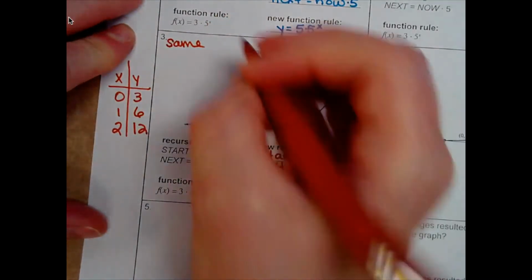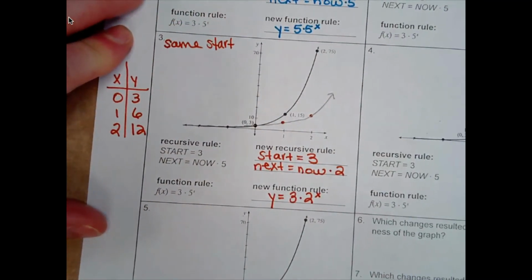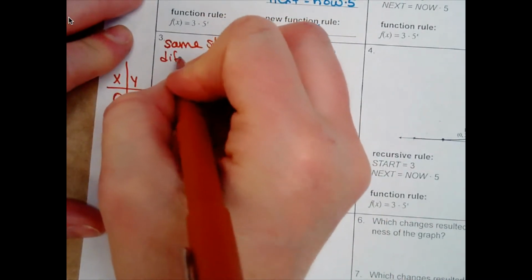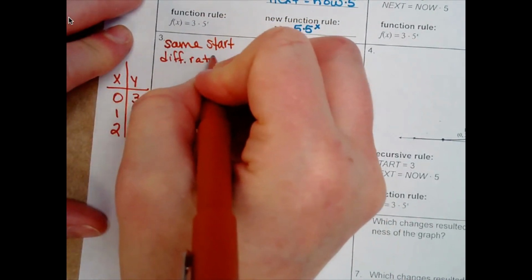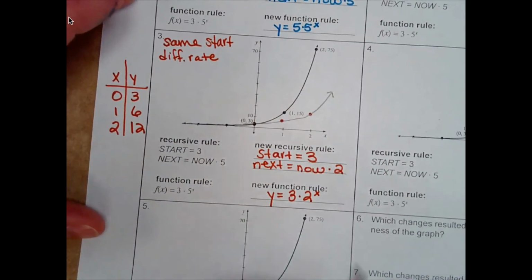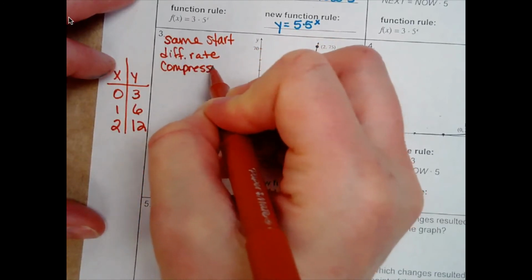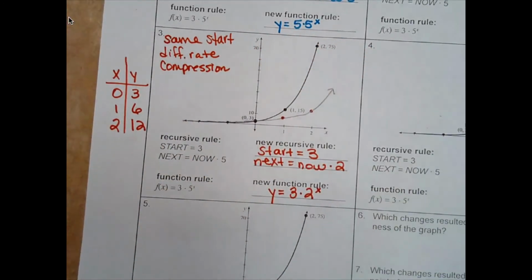Same start. What was changed? Yep. It was made flatter, so it's a compression. Vertical compression.